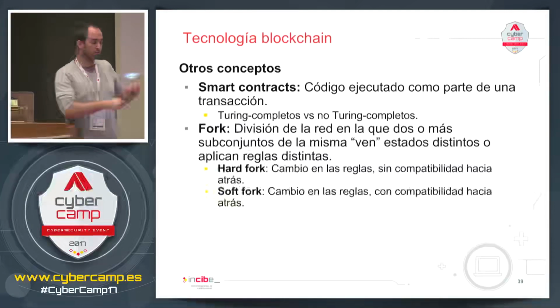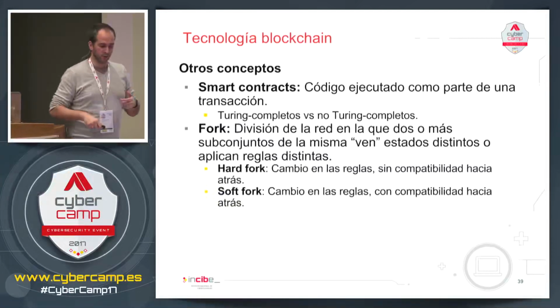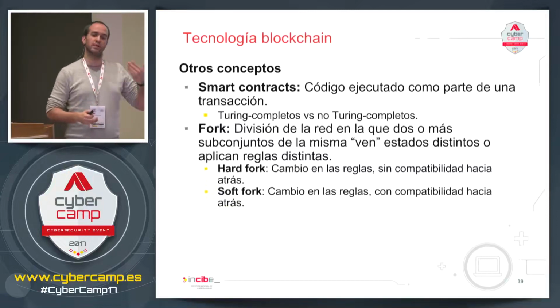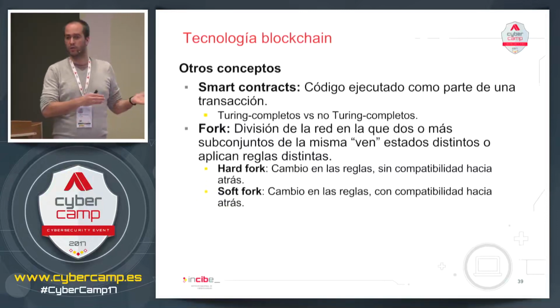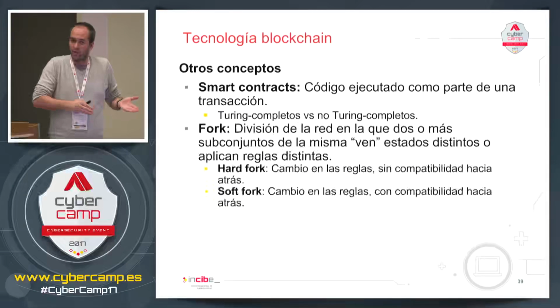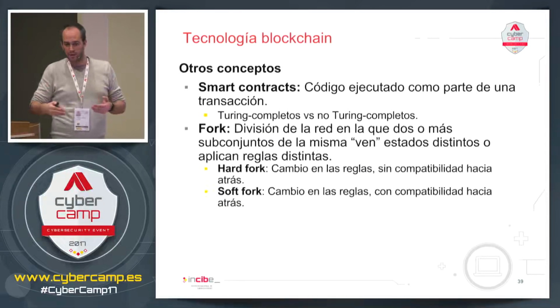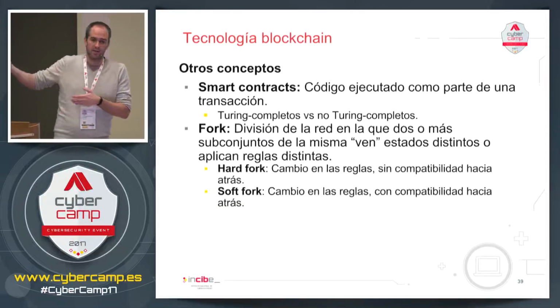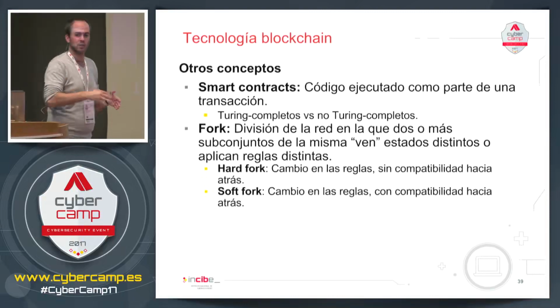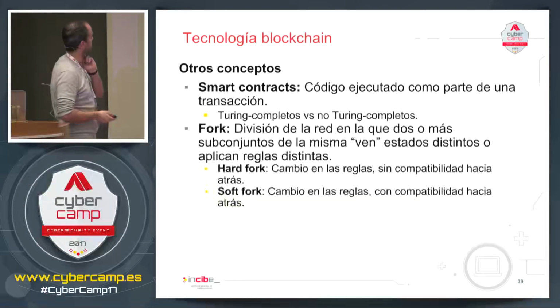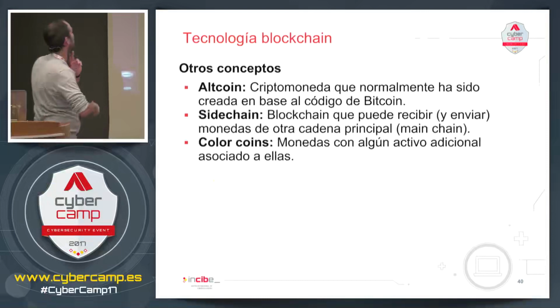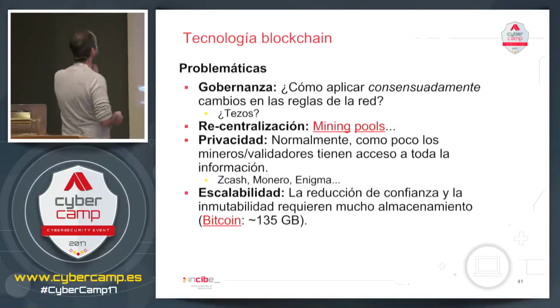And a soft fork is a fork in which the changes are compatible backwards. So those updated nodes, even if the others are not updated, can still carry out valid transactions and won't reject others. So you can still advance. Right. I'm going to skip this because it's not very important.